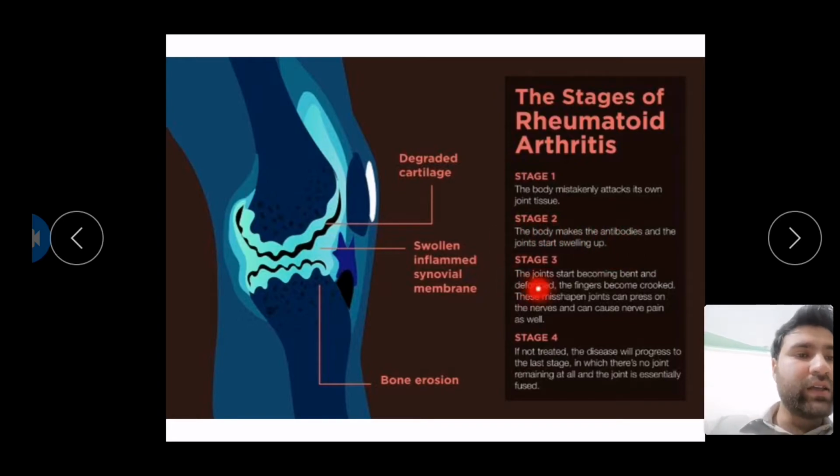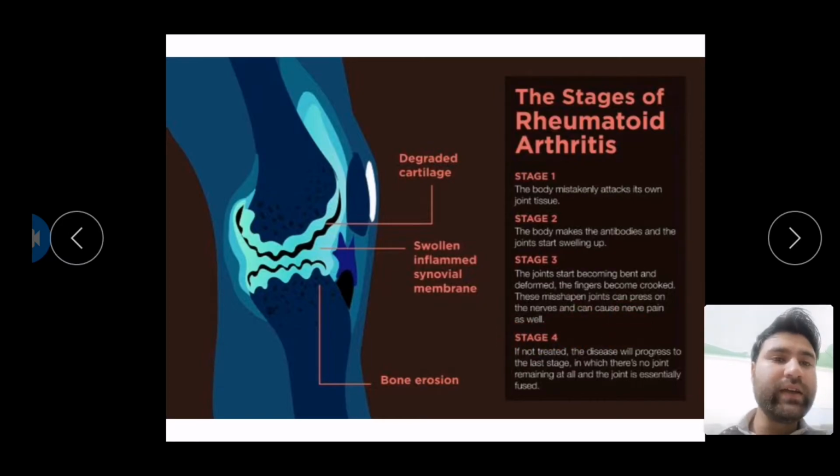In stage 3, the joints start becoming bent and deformed. The fingers become crooked. These misshapen joints can press on the nerves and can cause nerve pain as well. So the reason for severe pain is joints pressing on the nerves leading to pain.